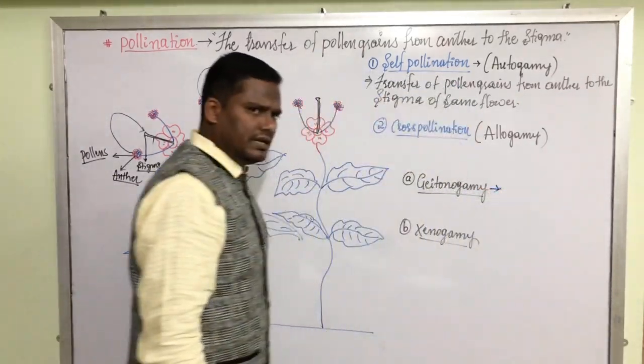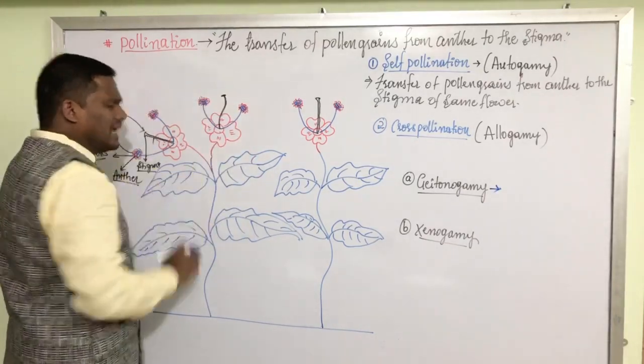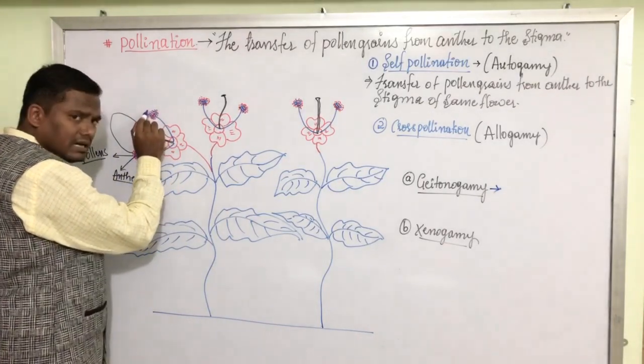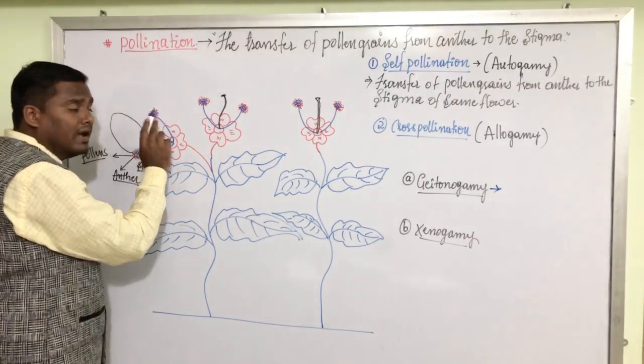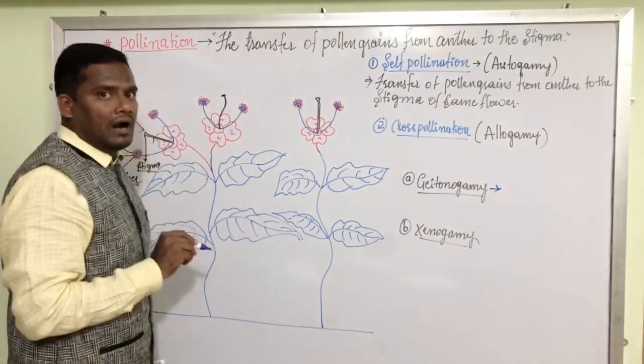Geitonogamy means transfer of pollen grains from anther to the stigma of another flower located on the same plant.